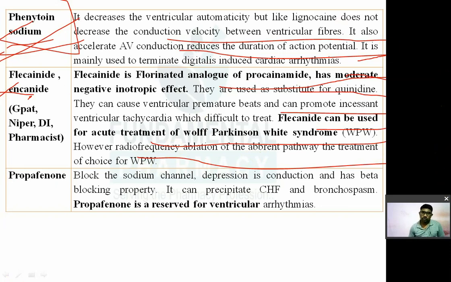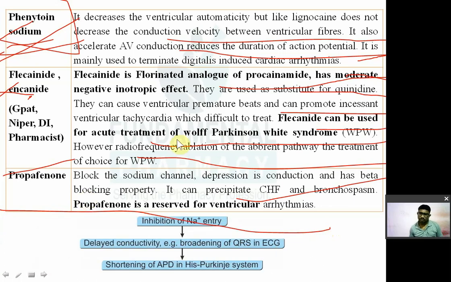Next one is propafenone. It is again a sodium channel blocker. It will also depress the conduction and has a beta blocking property also. So it can precipitate congestive cardiac failure and bronchospasm. So remember, propafenone is a drug reserved for ventricular arrhythmias. Now the mechanism of action of flecainide: it inhibits the entry of sodium.